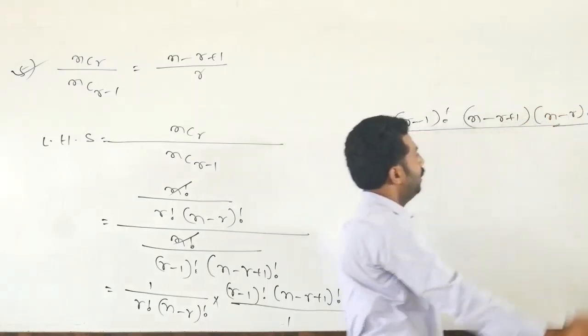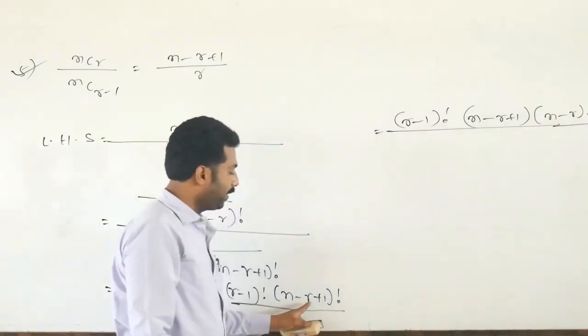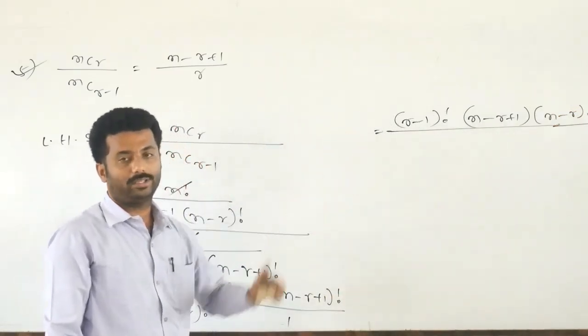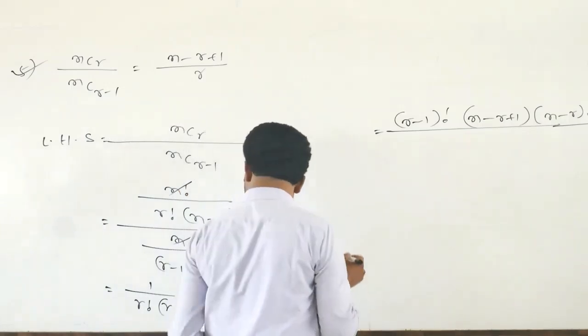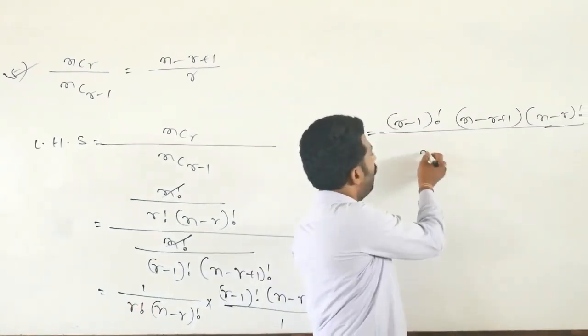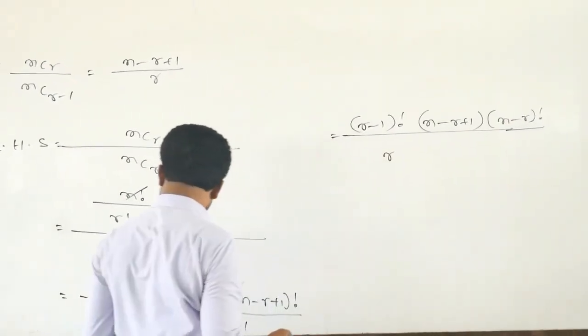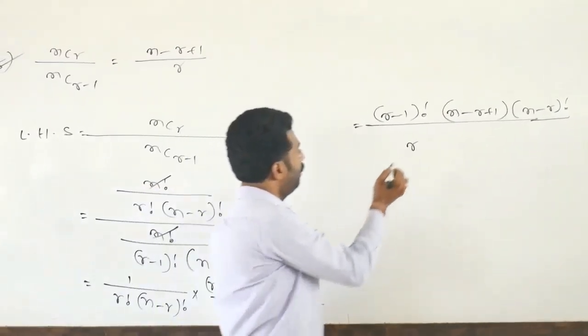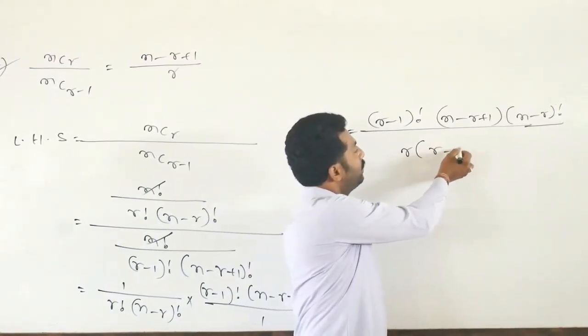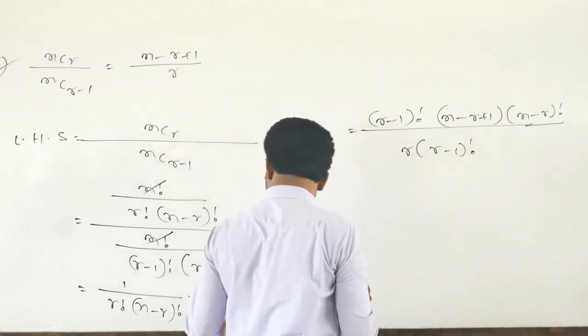In the denominator, r factorial is r into (r minus 1) factorial.